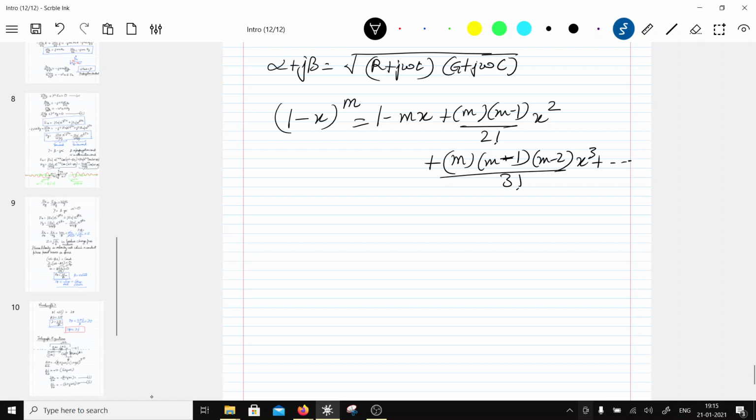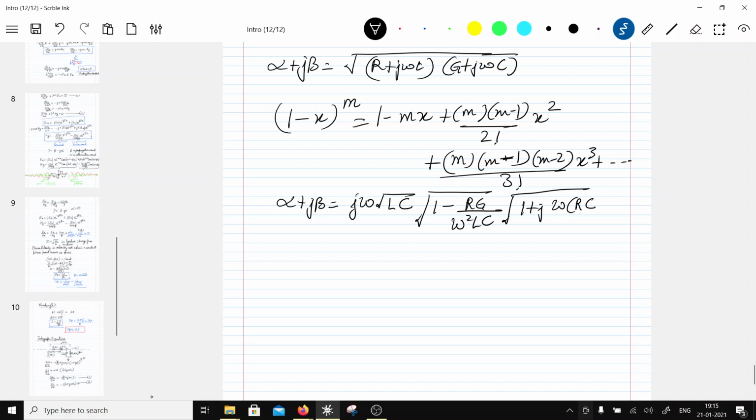Now if I write alpha plus j beta of the form j omega root of LC, I take common, then I'm going to be left with 1 minus rg divided by omega square LC times of 1 plus j omega rc plus lg divided by rg minus omega square LC.